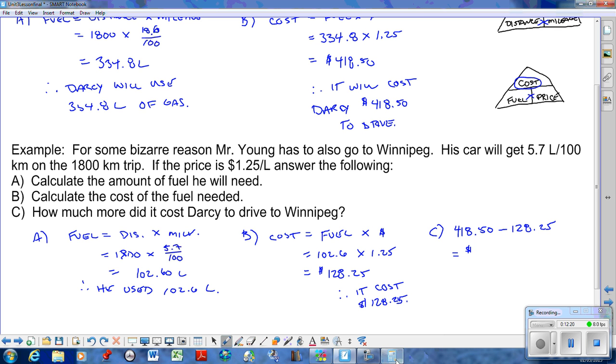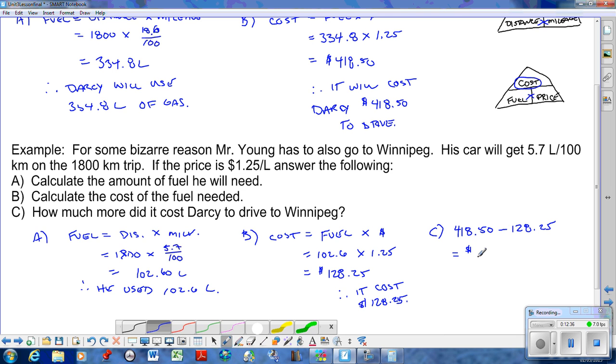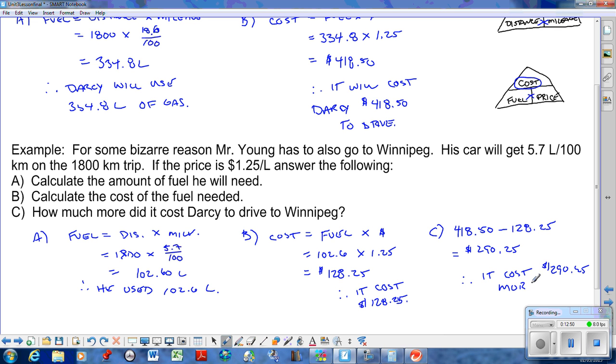So when you use your calculator to find that difference, we end up with 418.5 minus 128.25, which is $290.25. So therefore it cost $290.25 more.